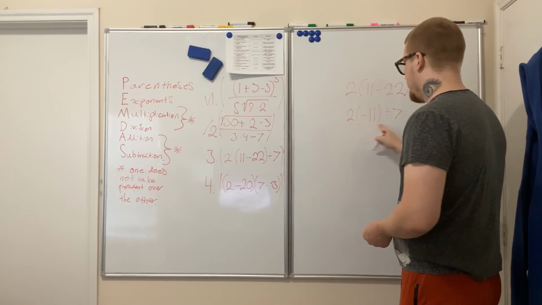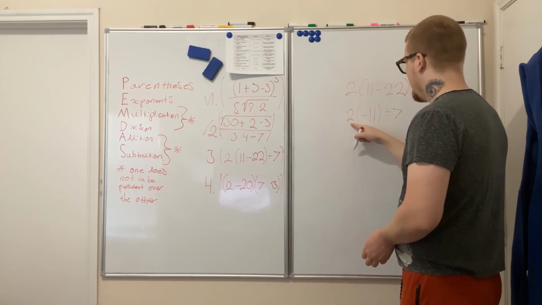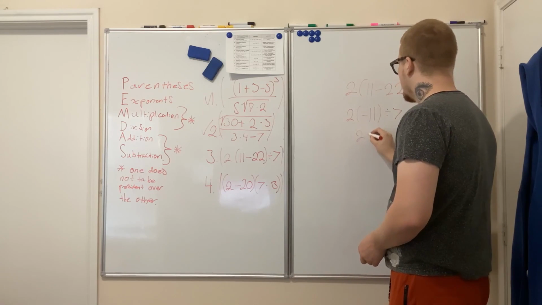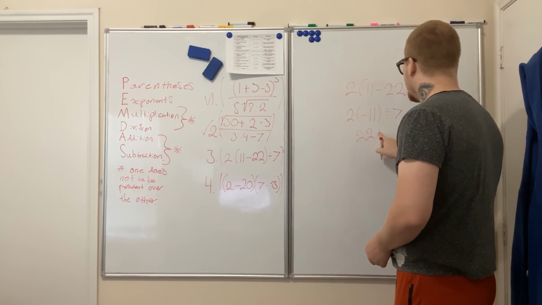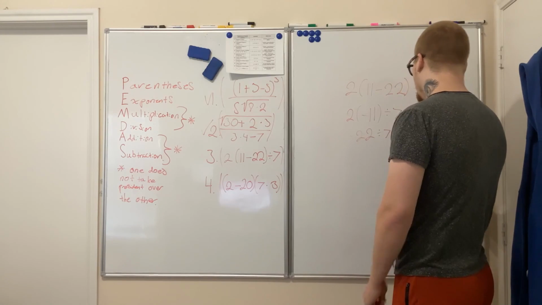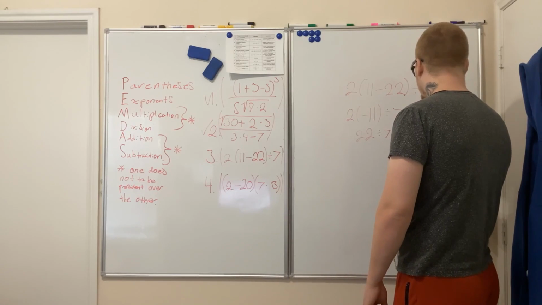So because we're always working left to right, we're going to multiply this 2 into this parentheses here, giving us negative 22. Divide by 7, which then gives us negative 22 over 7.